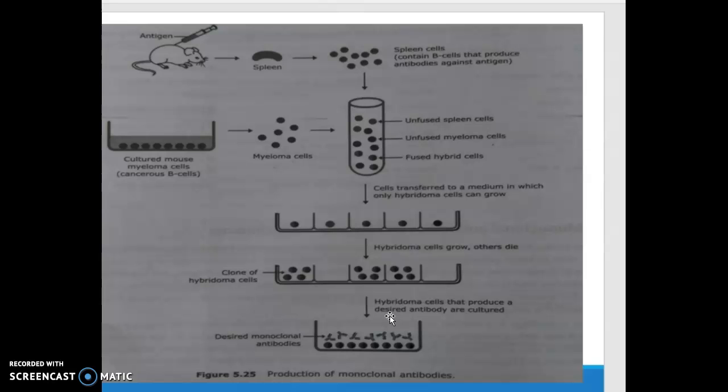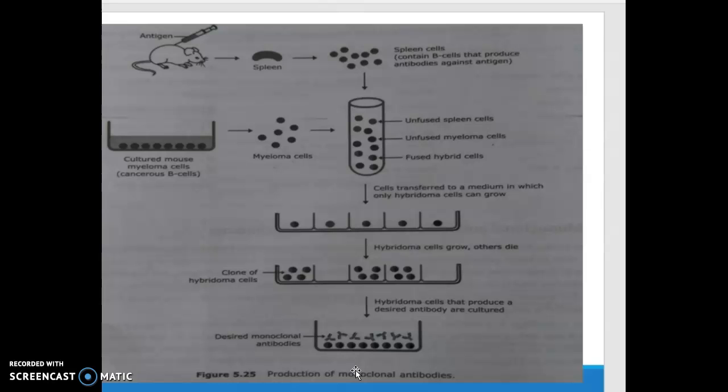The selective system involves the inclusion of the drug aminopterin in the growth medium. How is this selection done? Aminopterin is added in the growth medium. This inhibits the de novo nucleotide synthesis pathway. Normal animal cells synthesize purine nucleotides and thymidine for DNA synthesis by the de novo pathway, requiring tetrahydrofolate. Aminopterin acts as an antifolate drug and blocks the activation of tetrahydrofolate.